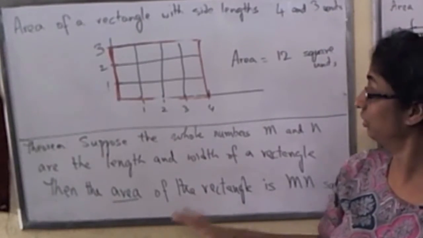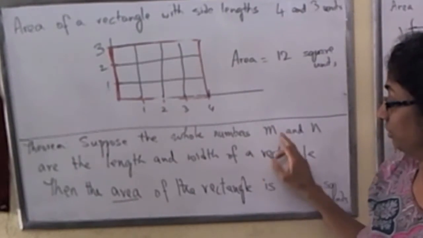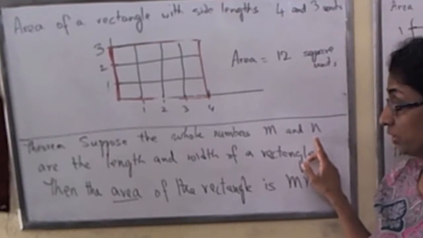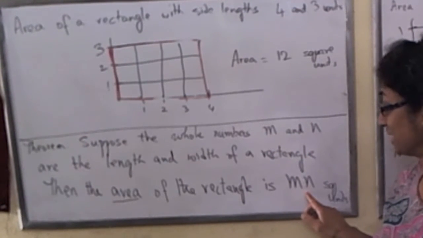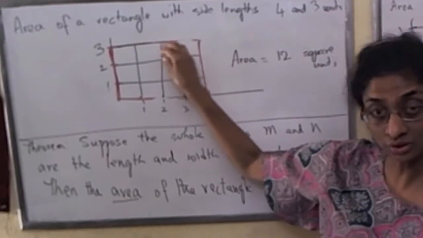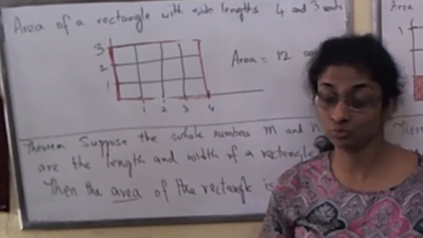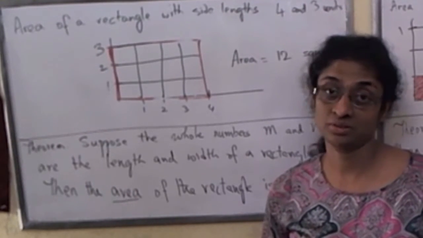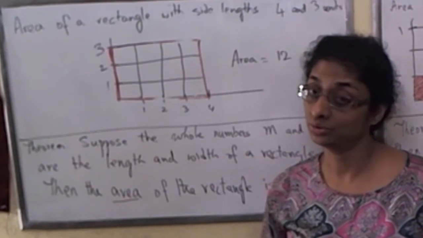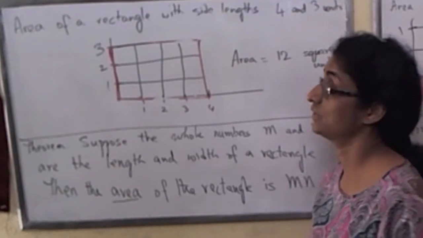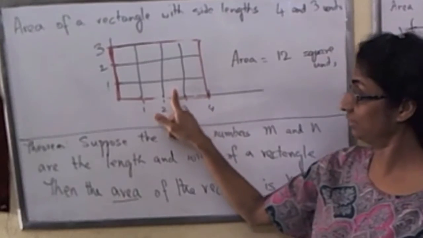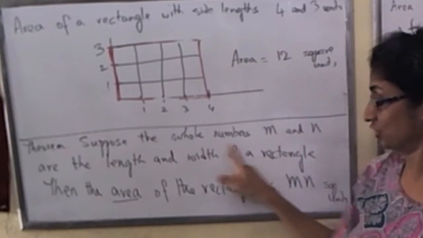If you do so, the bigger rectangle whose side lengths are whole numbers m and n would be partitioned into m times n smaller regions, and each of those smaller regions will be a unit square, which by assumption 2 must have an area of 1. So then that forces us to assign m times n as the area of such a rectangle.